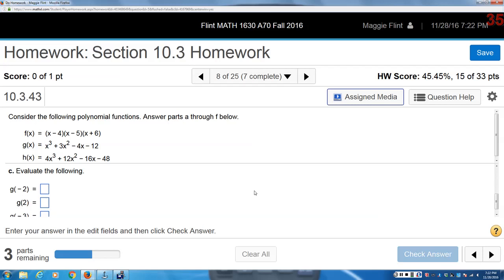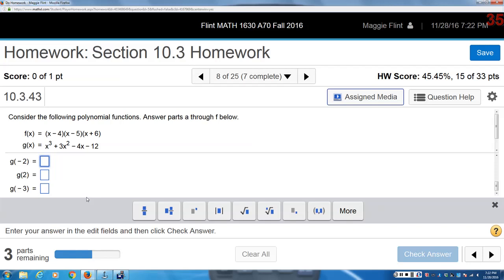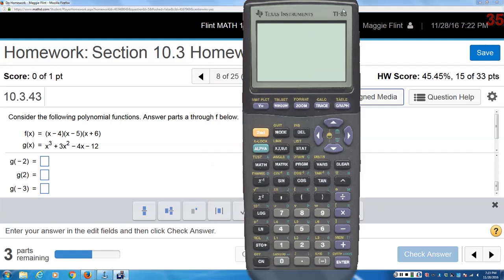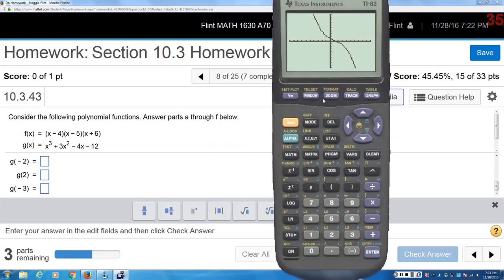Okay, now it says evaluate these. G of -2. Now, you can do that in your head if you want to, but personally, I don't trust my head doing too much arithmetic anymore. I have gotten as spoiled as everybody else by the calculator.